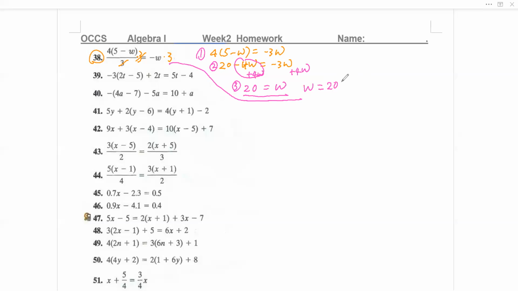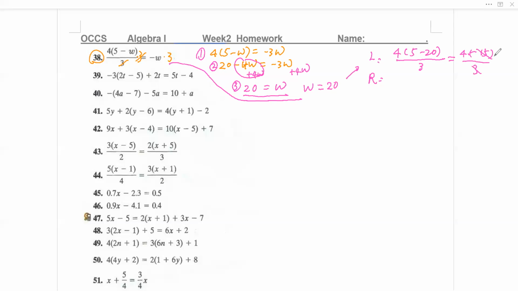Okay. So most of the time, I hope you guys can do a check. Check means for the left part, what does the right part look like? Left is 4, 5 minus 20. W is 20, right? We put W back in over 3. So what does this equal to? You can see 4 times 15, negative 15 over 3.